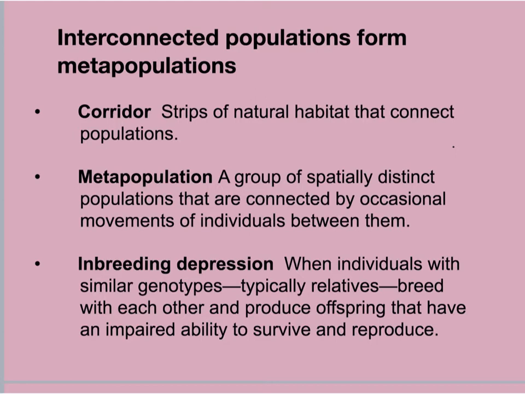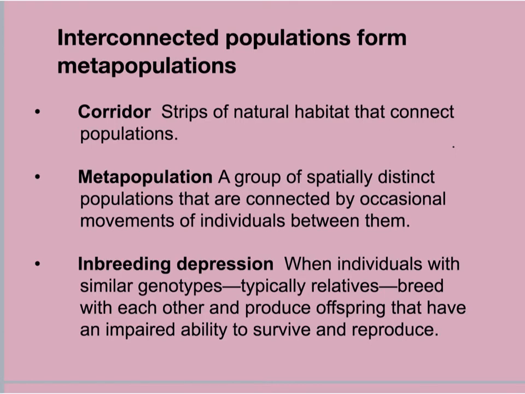And each population has its own dynamics based on abiotic conditions and prey availability. Large mountain ranges that support these cougar populations, and even the smaller mountain ranges, have what we call corridors. These are strips of natural habitat that can connect them and provide some connectedness among the populations.